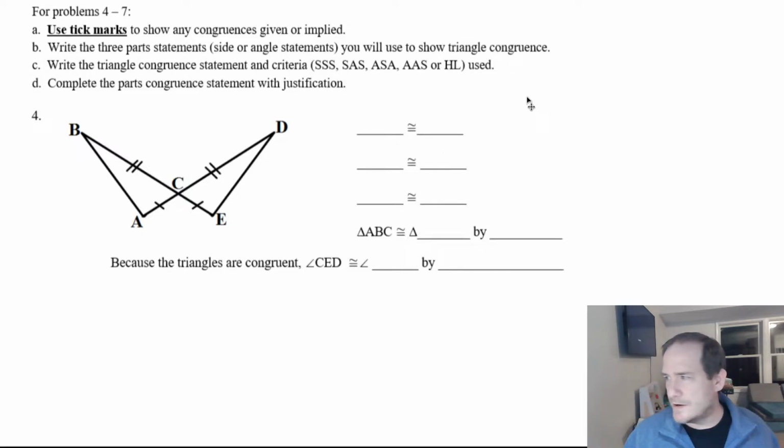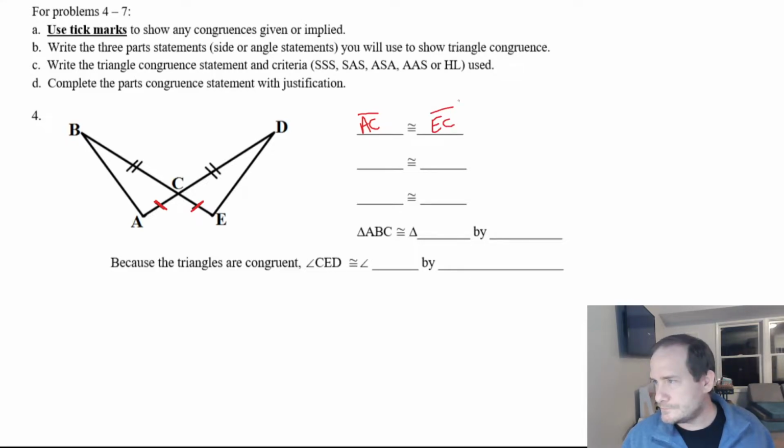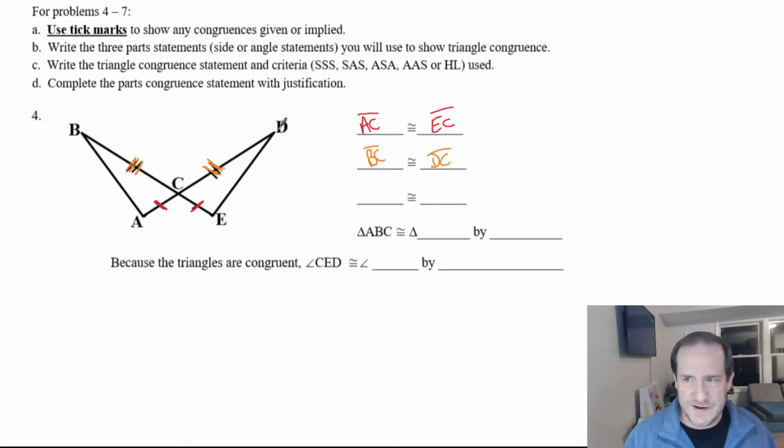So look in here. This one's kind of obvious because the given information is literally labeled for you already in the triangle. So we can see that AC is congruent to EC. Then we can also see that BC is labeled as being congruent to DC. But now we're running out of stuff, right?